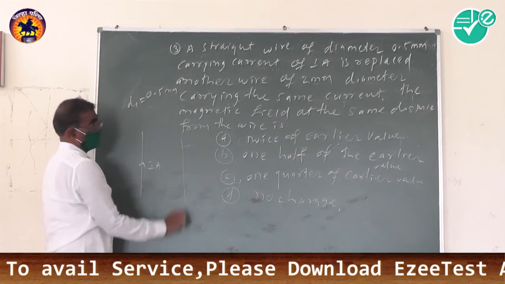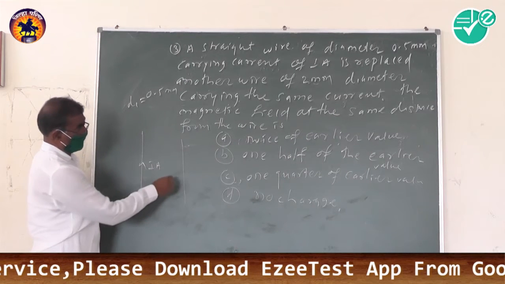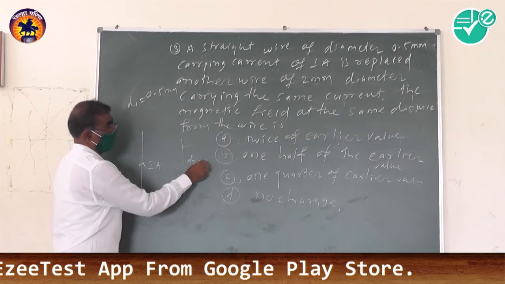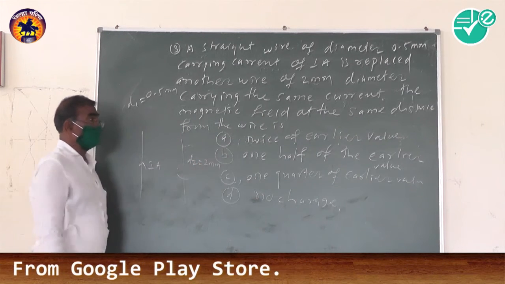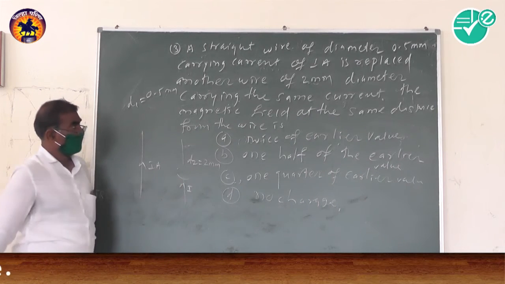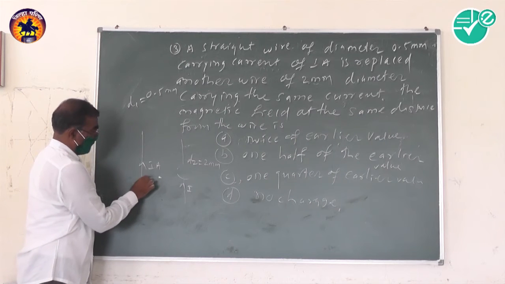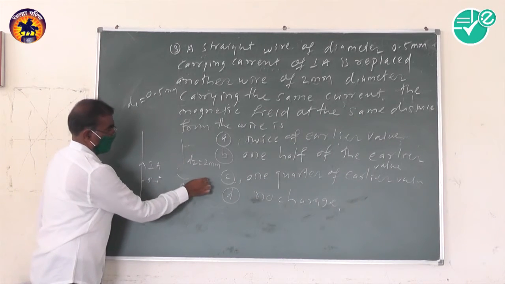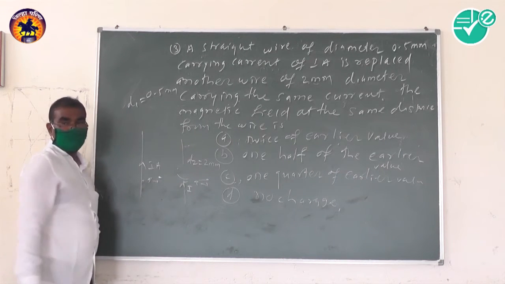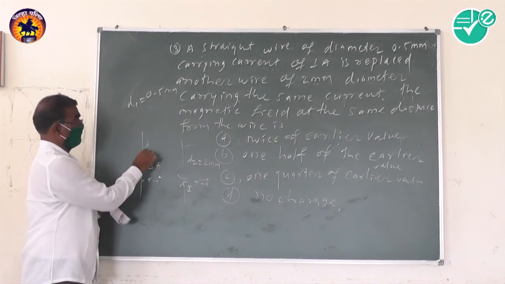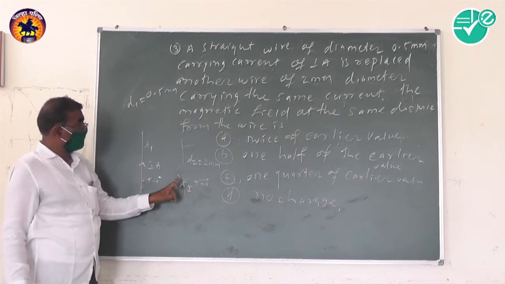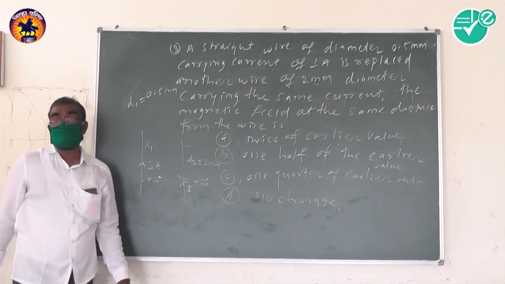We take another wire and change the diameter; D2 is the diameter of the second wire, 2 millimeter, carrying the same current, and the distance of the point is the same. Distance is same, current is same, but diameter is different.